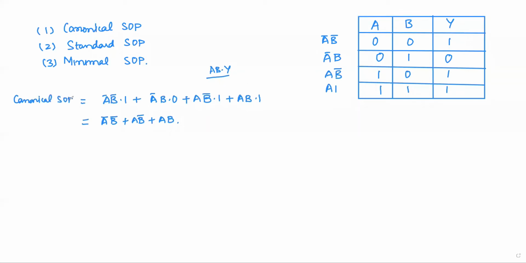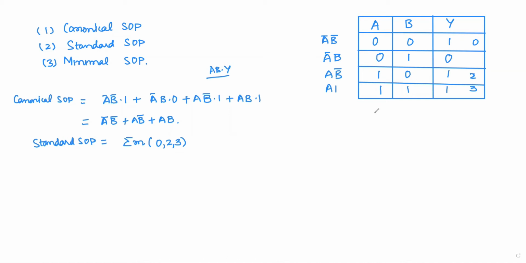Now next, if I want this to be written in standard SOP, then how are you going to write it? So your standard SOP is sigma m, and here you can see this is 0, this is 2, and this is 3. So this is your 0, 2, and 3. So basically you are writing all the minterms. Minterms are those combinations which lead to high output.